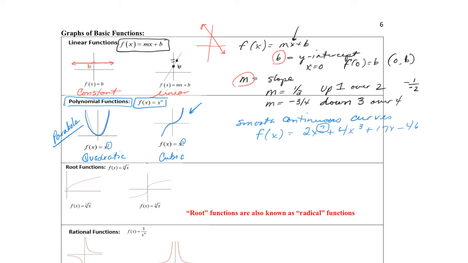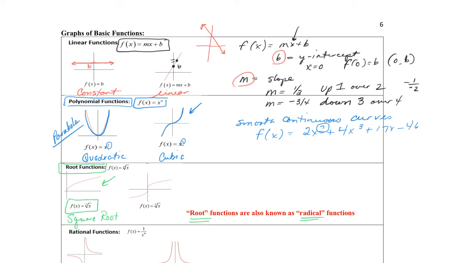Moving on, we've got a root function. We'll use the terms interchangeably. Sometimes we call it a root function, sometimes we call it a radical function. They mean the same thing. So the most common, of course, is the square root. So this is the square root, and this is the graph.